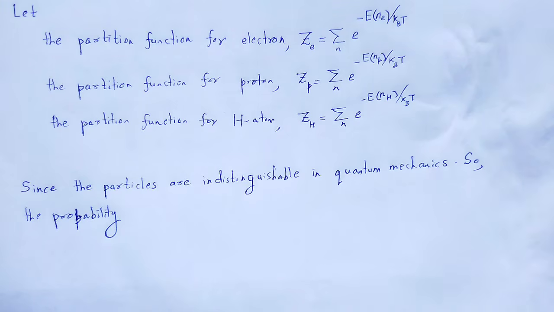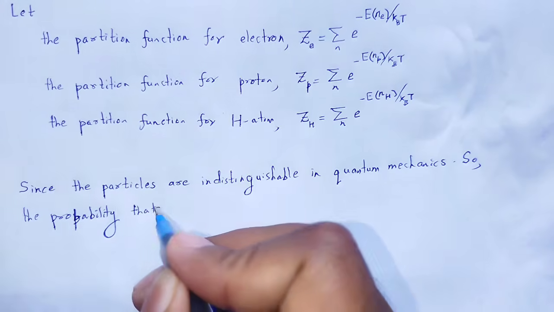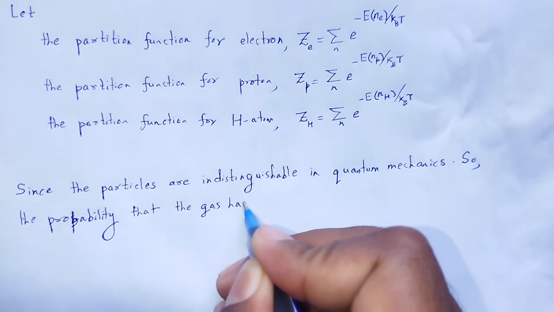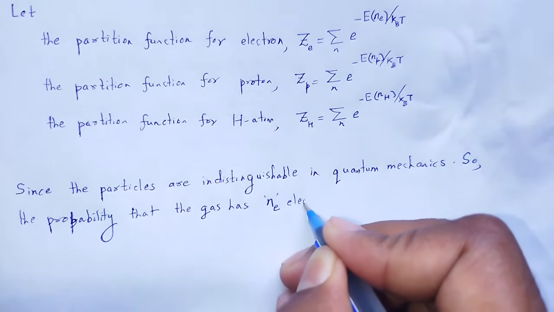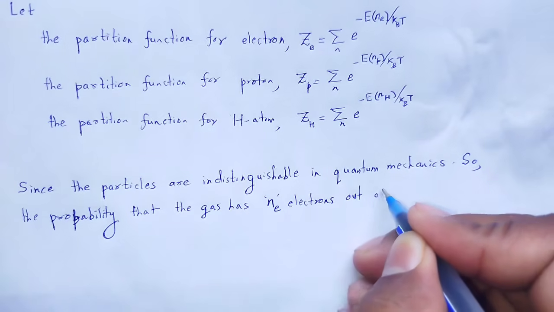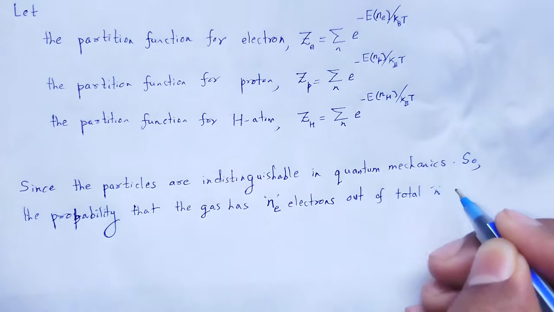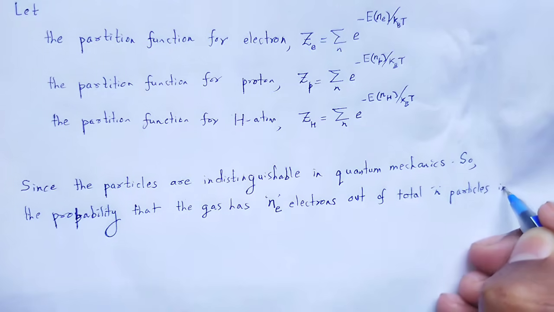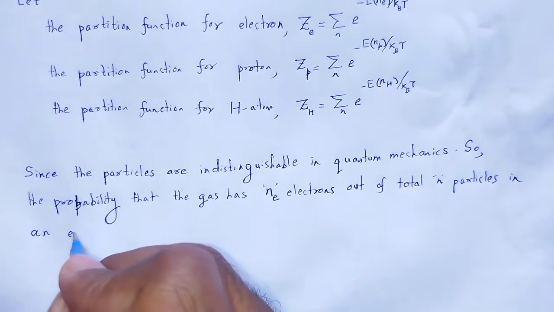The probability that the gas has N_e number of electrons out of total N particles in a thermodynamic system, or we call it an ensemble.